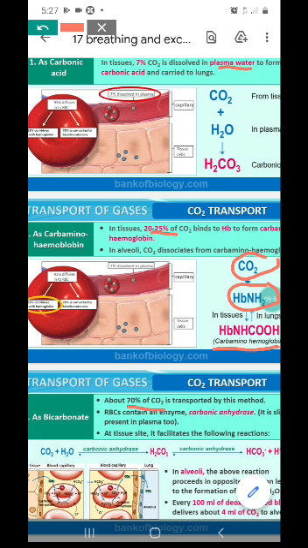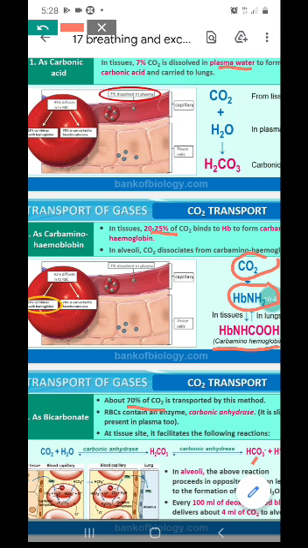Okay, so carbon dioxide plus water of the blood cells gives H2CO3, carbonic acid, which is catalyzed by the enzyme carbonic anhydrase. Okay, and this H2CO3 again splits into HCO3 minus plus H plus ions, right, and this HCO3 minus combines with sodium ions to form sodium bicarbonate.